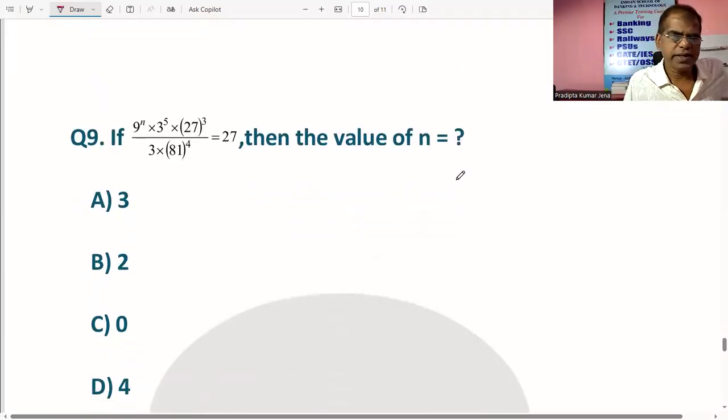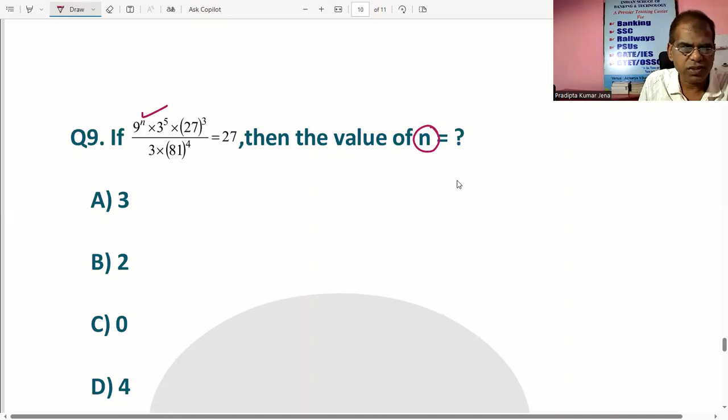Let us do the calculation. The question asks the value of n: 9 to the power n into 3 to the power 5 into 27 to the power 3, all divided by 3 into 81 to the power 4, is equal to 27. So what is the value of n?